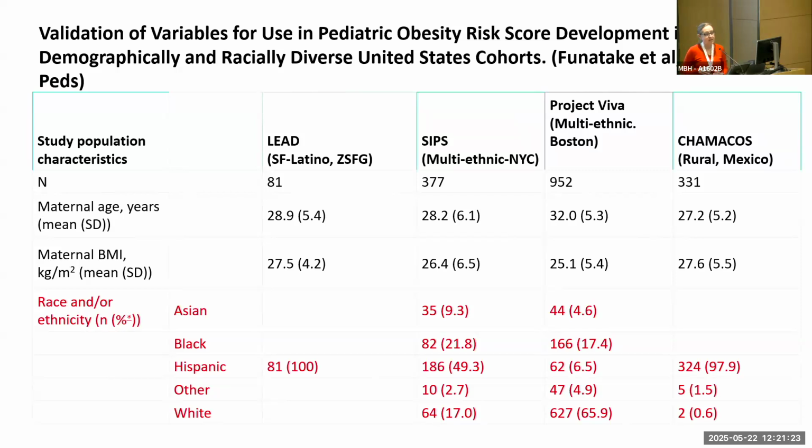So I just put up the demographics here. You can see that mainly 2, mainly Project Viva and SIPS, were, the most important thing for me really was to have a multi-ethnic cohort, because our cohort really was restricted to San Francisco and only Latino infants. So really wanted to try to have a broader test of our model in these other groups.